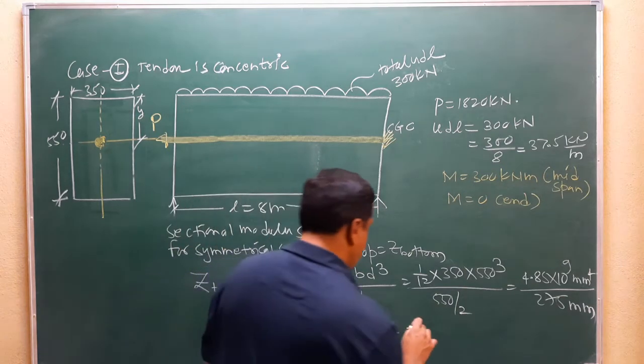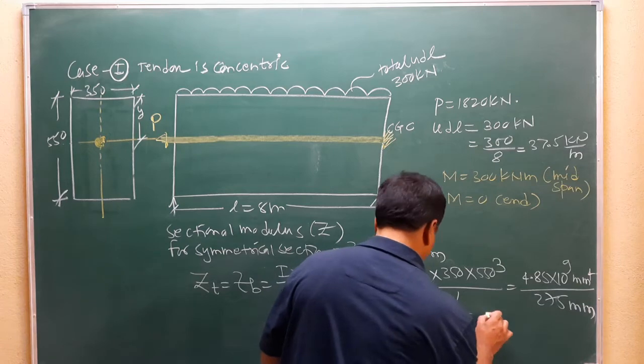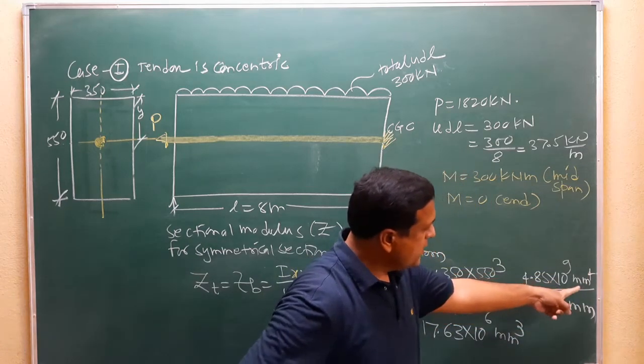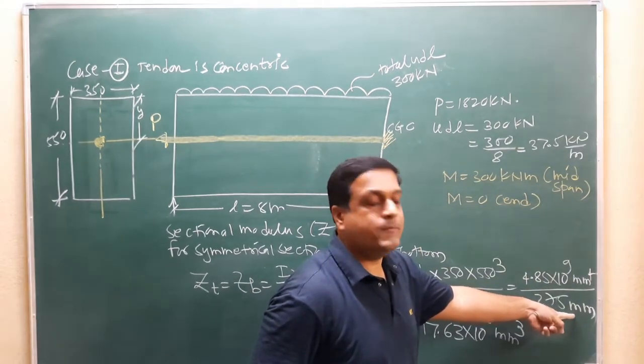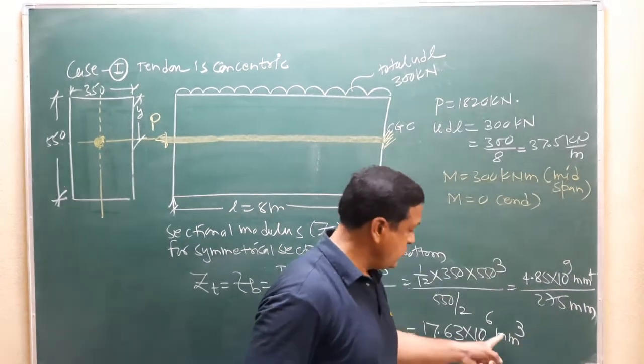The value is 17.63 into 10 raised to 6 mm cube. The moment of inertia is in mm4 and Y is in mm, so you cancel one mm and the unit is mm cube.